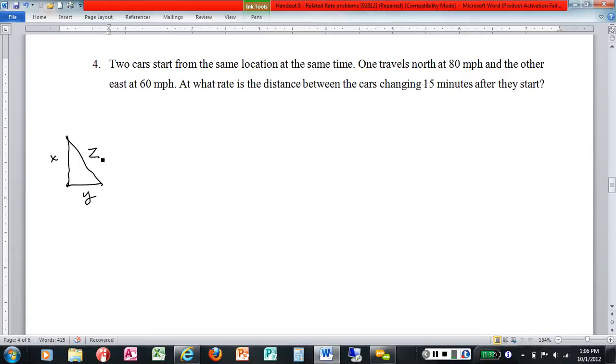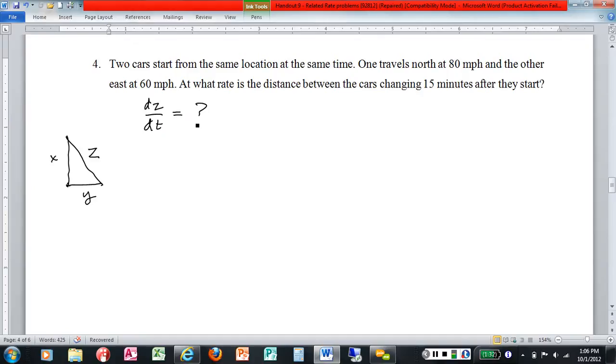If Z is the distance, we want to know at what rate the distance between them is changing 15 minutes after they start. We want to know the derivative of Z, so dz dt. Z being the distance between the cars, I'm wanting to find out what dz dt is, the rate at which the distance between them is changing. That's what I'm looking for.